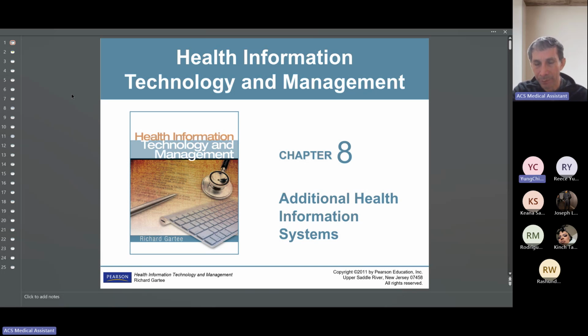We have to keep privacy. Now remember, confidentiality, on the other hand, is about releasing the patient's information to someone without the patient's prior authorization.